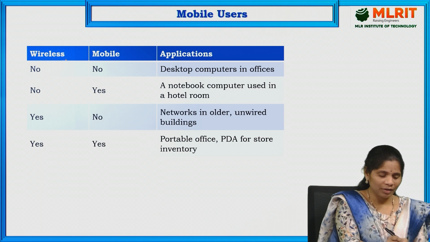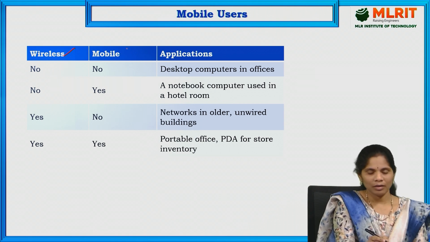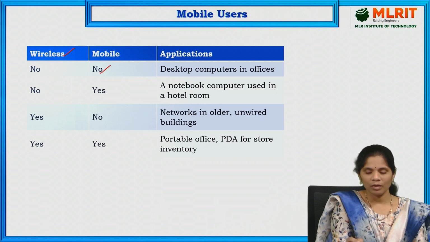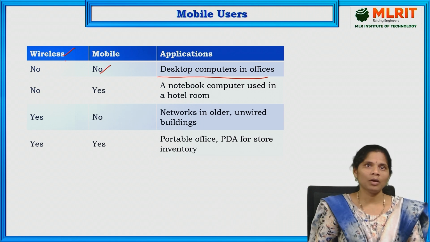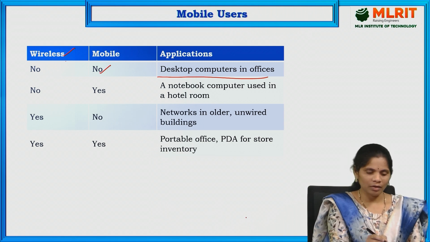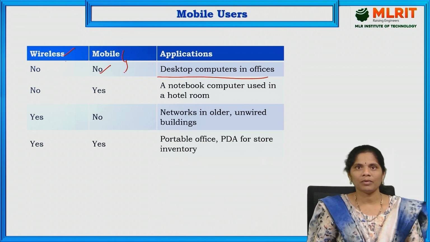Suppose we are using neither a wireless network nor mobile computing. Desktop computers in offices are examples. These are not mobile or wireless.